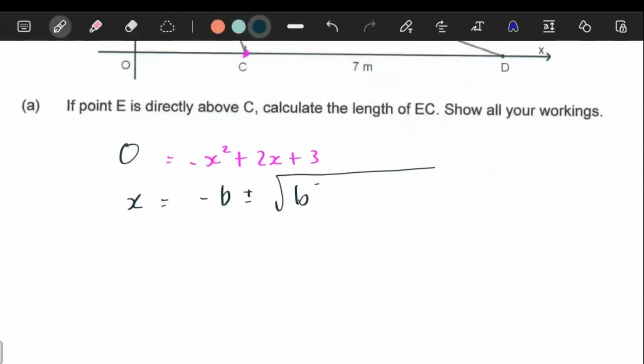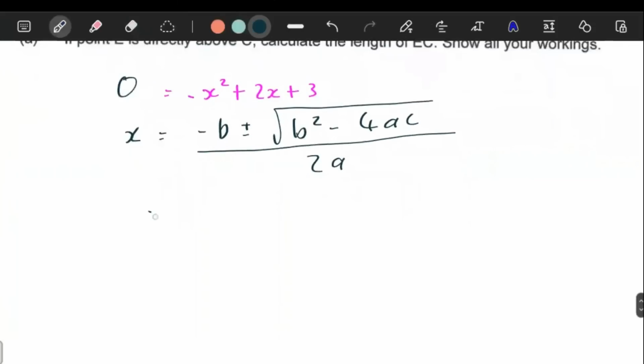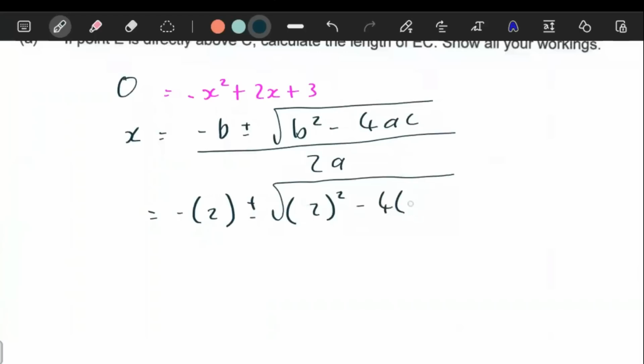See? Minus b plus or minus the square root of b squared minus 4ac, the whole thing over 2a. So b is like 2, let's say 2, right? 2 squared. The a value is -1, c is 3.